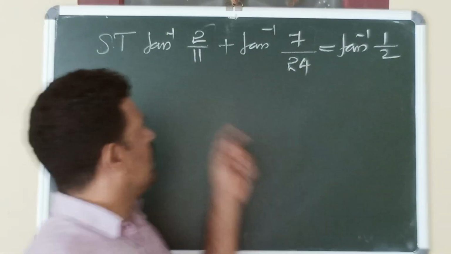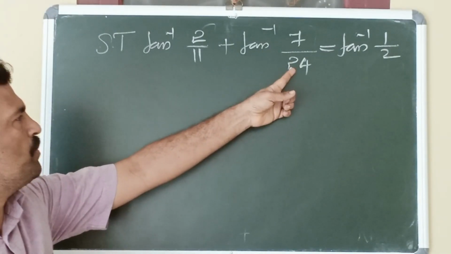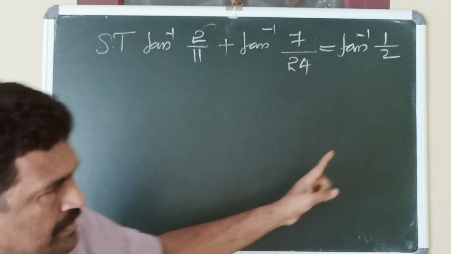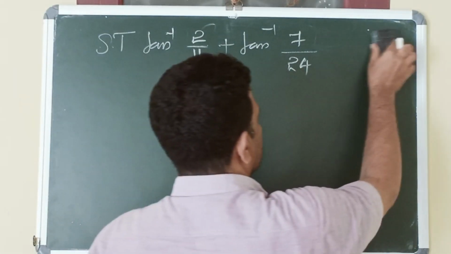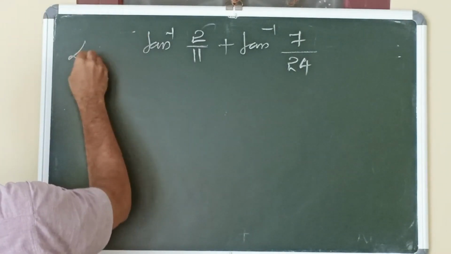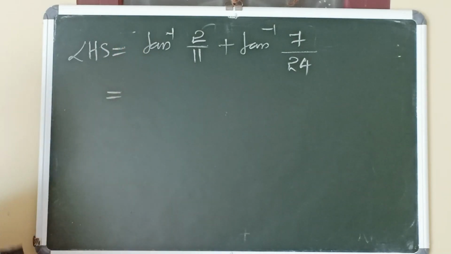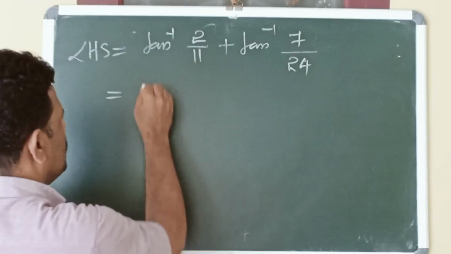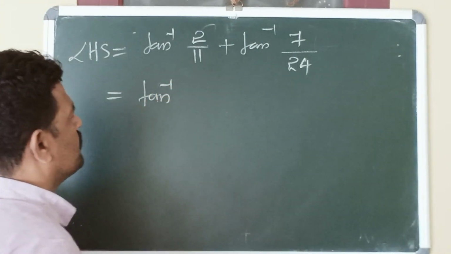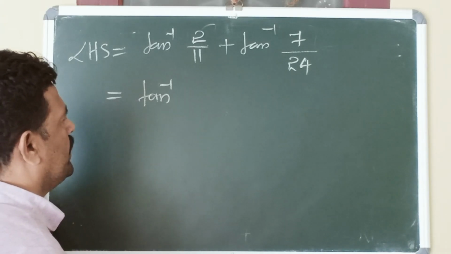Now we have to show that tan inverse 2 by 11 plus tan inverse 7 by 24 is equal to tan inverse 1 by 2. Here I am taking the left hand side of the problem. According to property number 5, we know that tan inverse x plus tan inverse y is equal to tan inverse of (x plus y) divided by (1 minus xy).